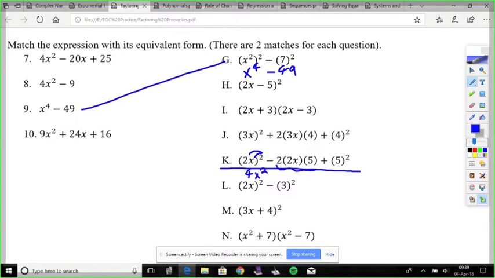If you combine this middle part together, you have 2 times 2 times 5, that'd be 4 times 5, which would be 20x, and then 5 squared is 25. Of course, that's a match to what we have up here. So it just kind of puts things together. It's all equivalent to one another. It's just one's pieced together, one's broken apart.